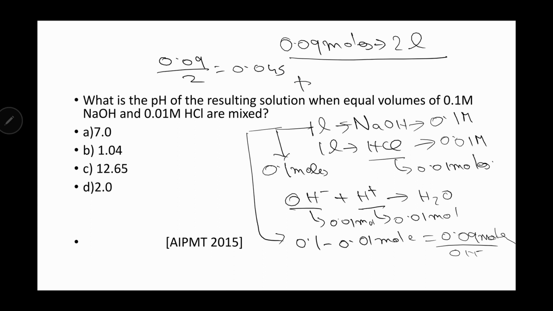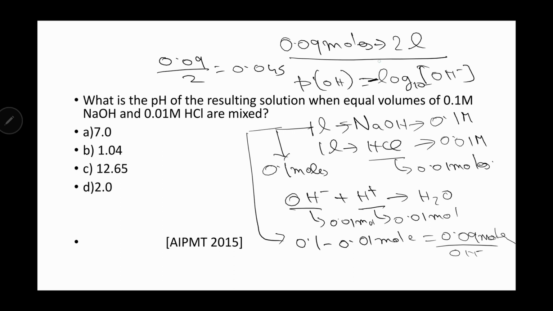Now let's calculate the pOH. pOH is nothing but the negative of the logarithm to the base 10 of [OH minus]. And remember, this third bracket means that this OH minus is in molarity, that is M, so capital M.